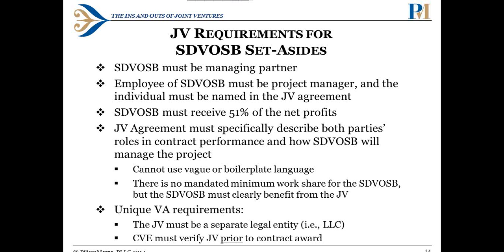Now, we could go off on a tangent here about what does that really mean, and is there any type of joint venture that is not a separate legal entity in some definitions? But just suffice to say that that is something the VA regs specifically state that is not stated in the SBA regulations. So it's something unique, but I think that one ends up being a distinction without much difference. But the prior approval one, that is an important difference.